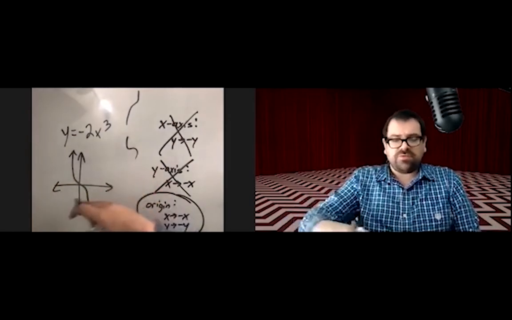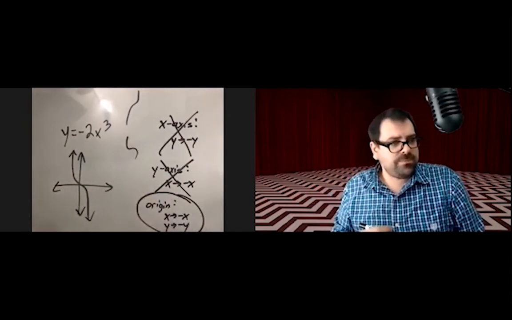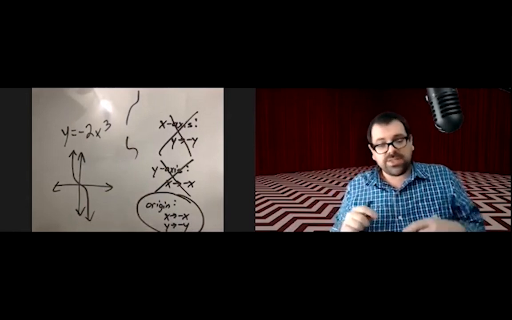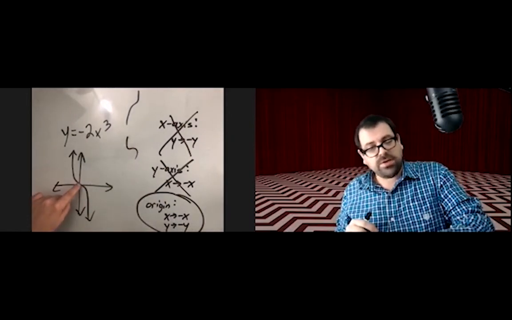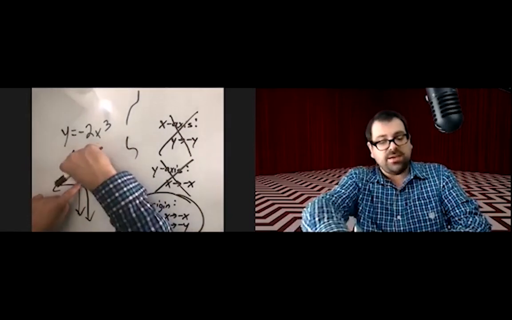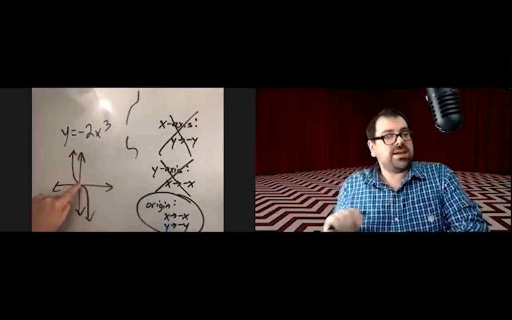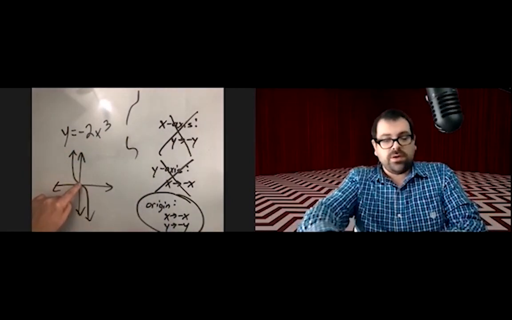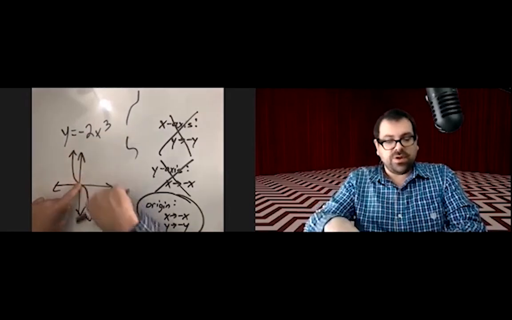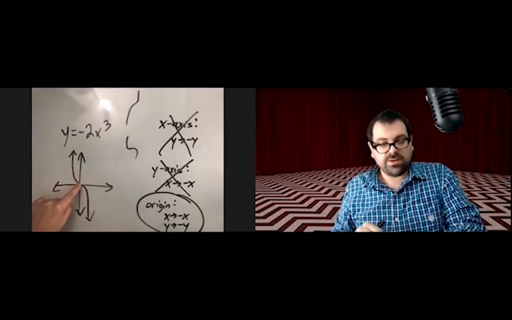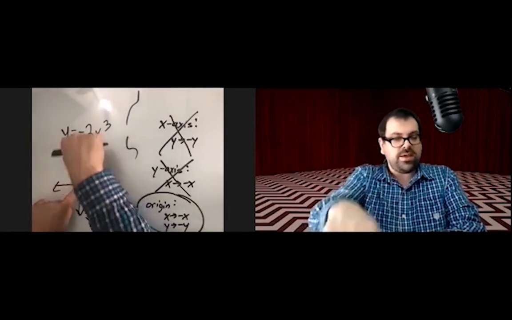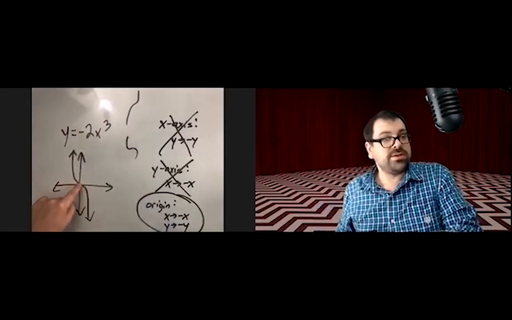It's not moved left or right. It's not moved up or down. And notice, if you were to imagine holding down the center of the graph and spinning it upside down, this leg lines up with where this leg was. And this leg ends up where that one does.